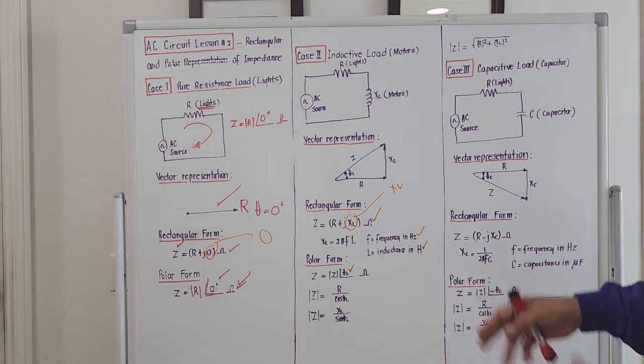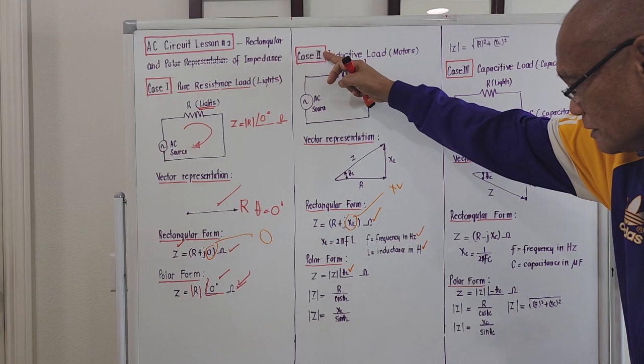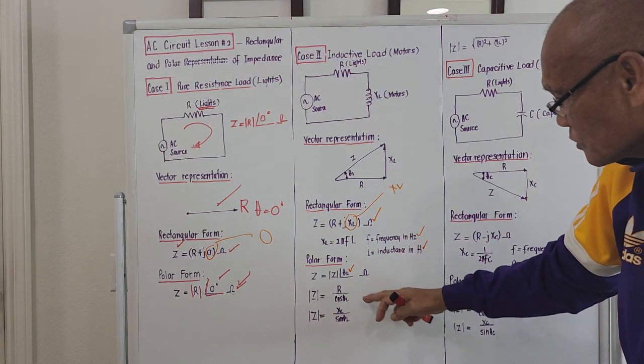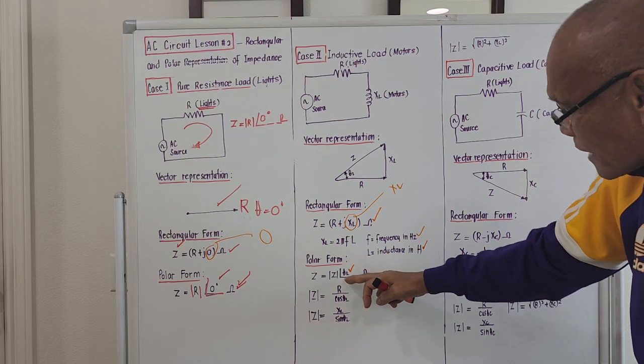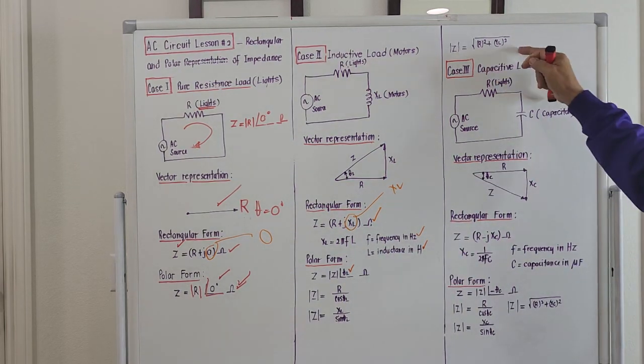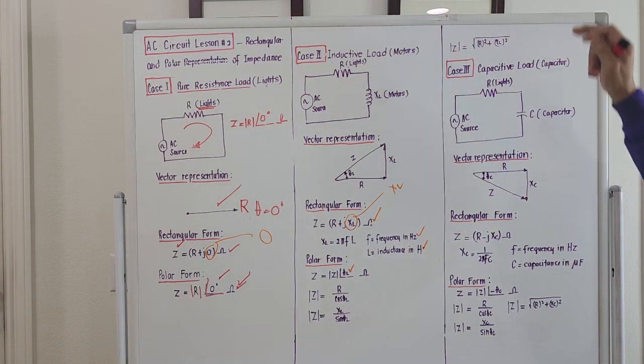So in computing the absolute value of Z under case number 2, you could take one of these solutions. You either use R over cosine, or XL over sine, or simply the Pythagorean formula.